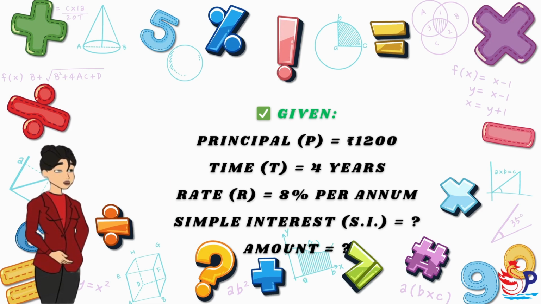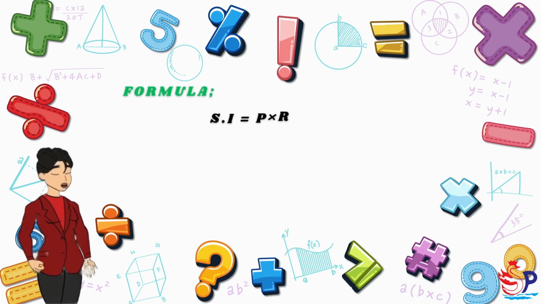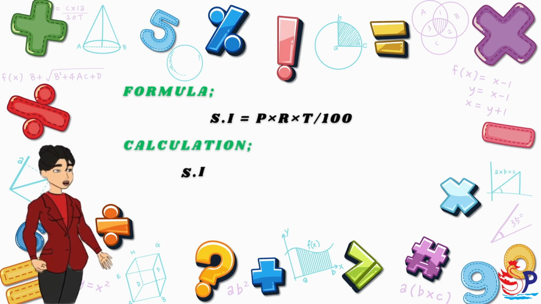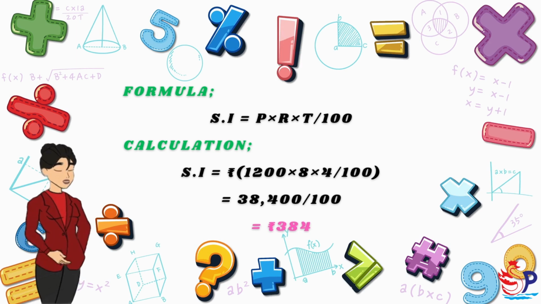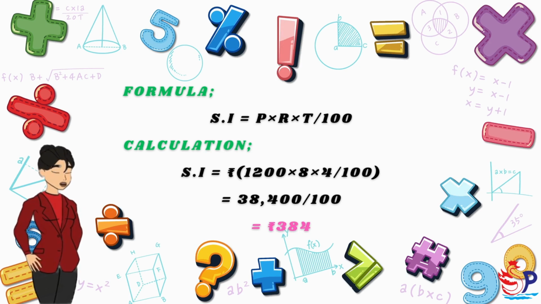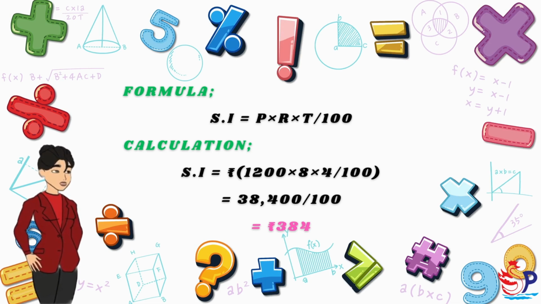Formula: SI is equal to P multiplied by R multiplied by T divided by 100. Calculation: SI is equal to 1200 multiplied by 8 multiplied by 4 divided by 100 is equal to 38,400 divided by 100 is equal to 384 rupees.